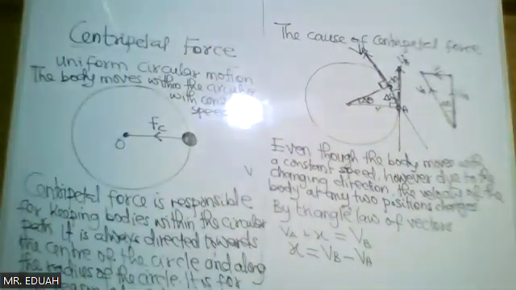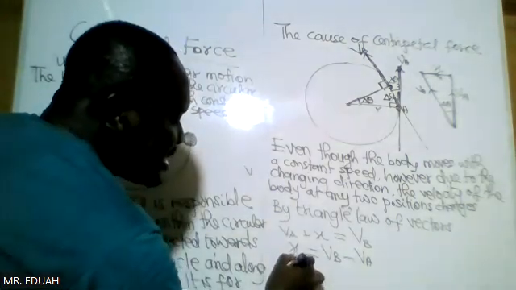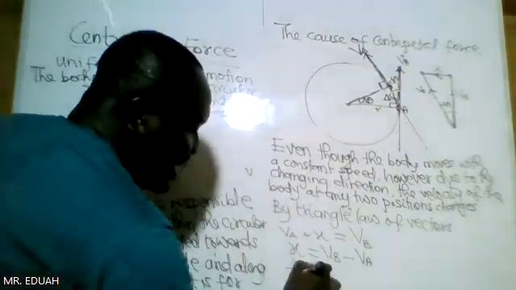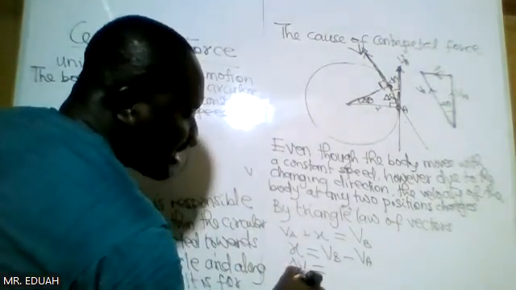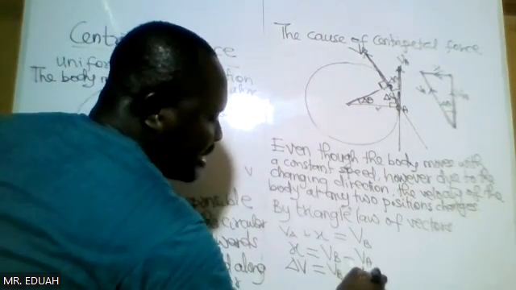And VB minus VA is equal to the change in velocity, delta V, between B and A. So delta V is equal to VB minus VA.